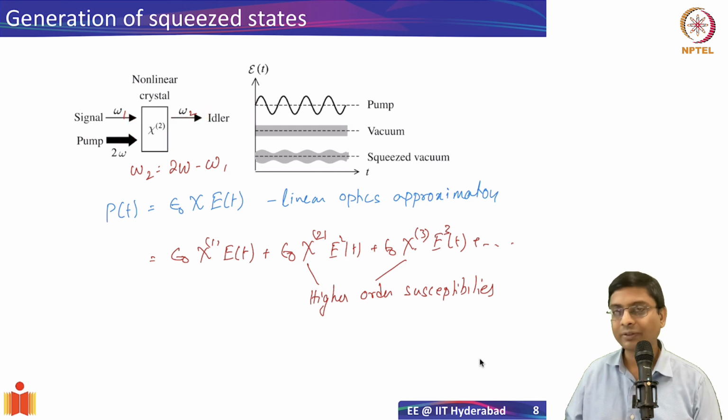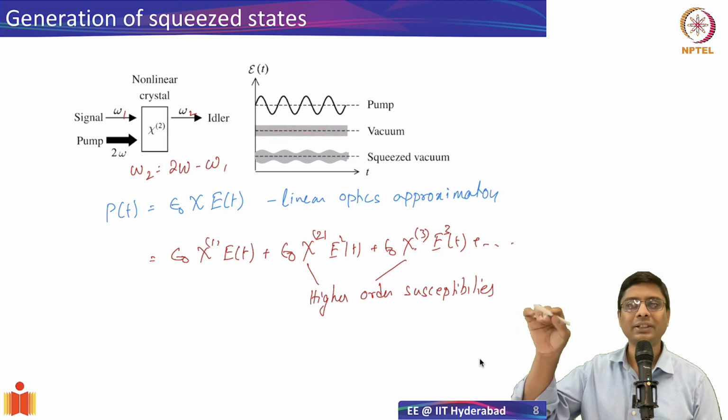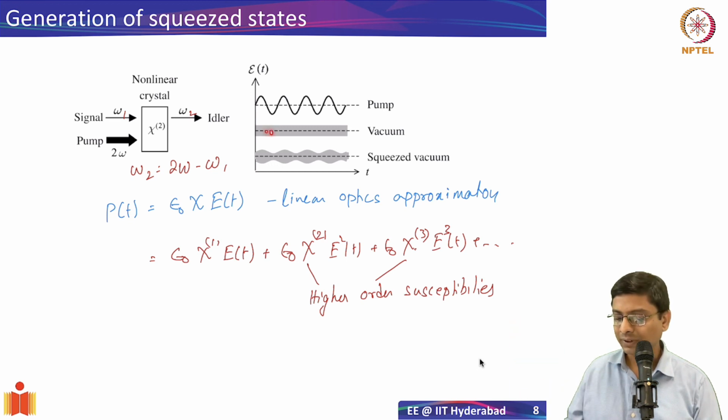If you look at how the vacuum fluctuations are, we said that it is basically the circle, centered around x1 equal to x2 equal to 0. So the intensity fluctuations in the vacuum will be flat, just constant everywhere. But now in the nonlinear crystal, you're drawing some of this energy from the vacuum fluctuations and generating an output.